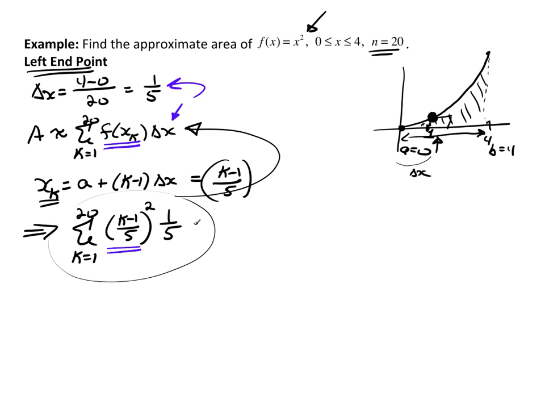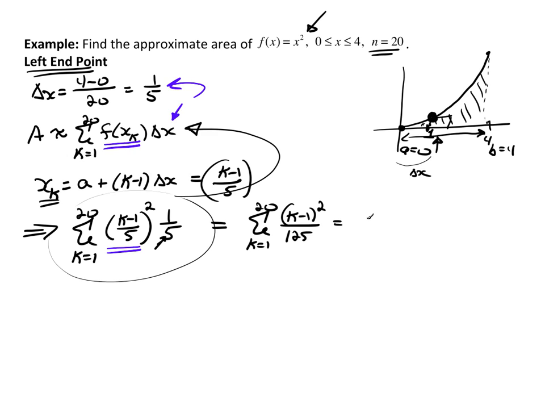Now this may look pretty daunting, but it's not. All we're going to do is a little bit of algebra on it, and I'm going to have this sum, k equals 1 to 20. Just square this. I'll have k minus 1 squared over 5 squared, which is 25. 25 times 5, because I have a number 5 right there, is 125, which equals the sum.